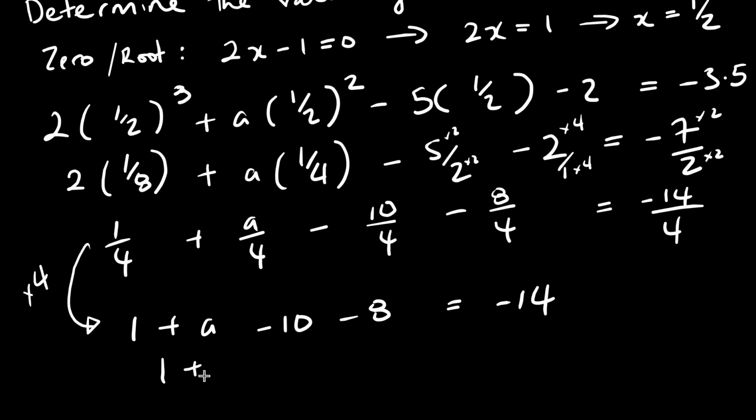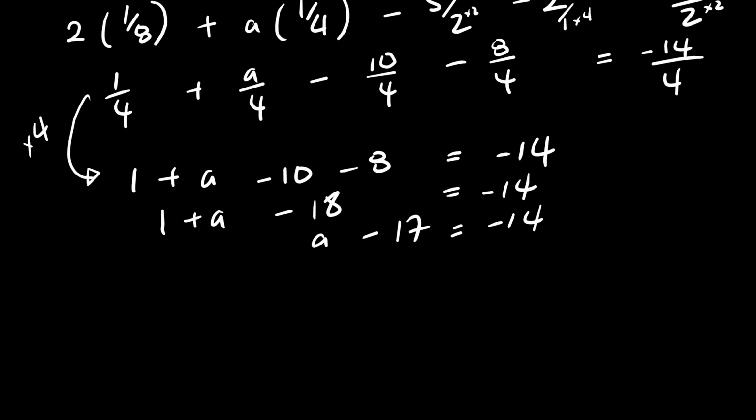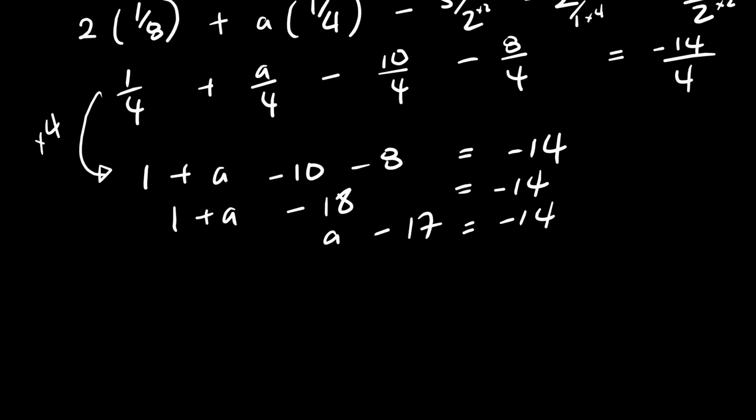We get 1 plus a minus 18 is equal to negative 14. We get a minus 17 is equal to negative 14, because 1 minus 18 is going to give you negative 17. I don't say minus 17, because a minus is an operation, whereas a negative is a sign of quality, or term that expresses quality.